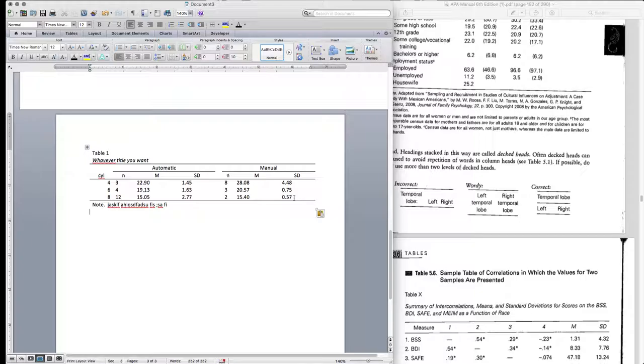one of the reasons that Word is such a pain is that it gets real finicky when you're adjusting your cells.